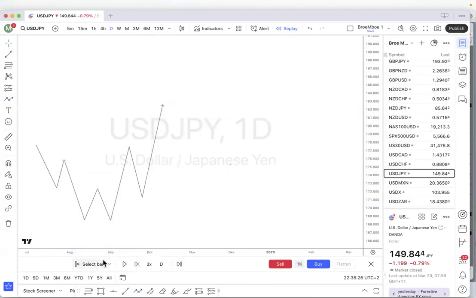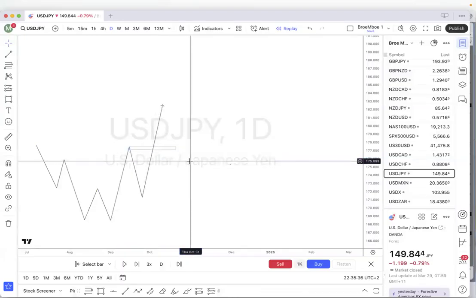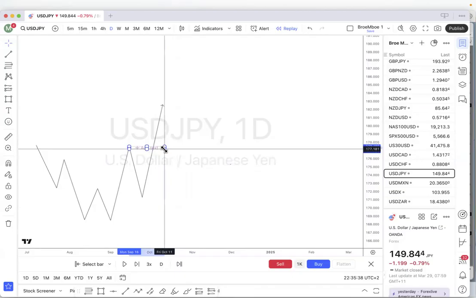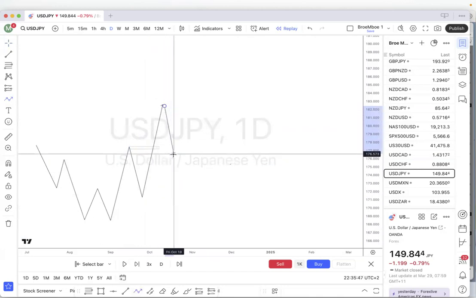But like I always say, your targets are highs. Unless you want to swing trade, then you can stay in the market for as long as you want. But if you are not comfortable with swing trading, your targets are previous highs. That's what you're looking at.